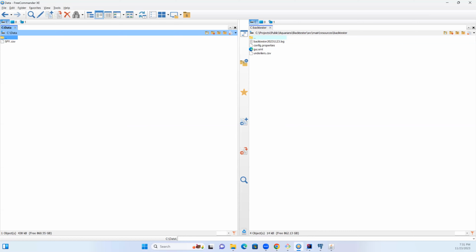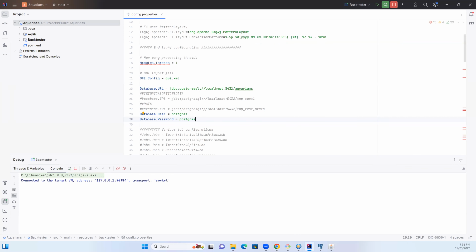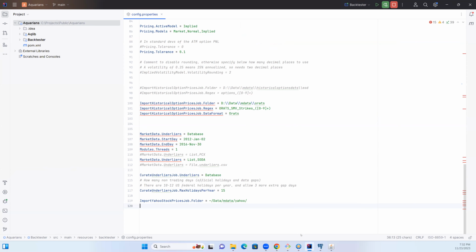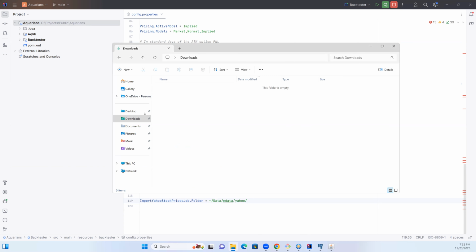And now we are going to import it in our database. How we do that, we are going to enable a job named import Yahoo stock prices job. And this job has a folder, which in our case is data.